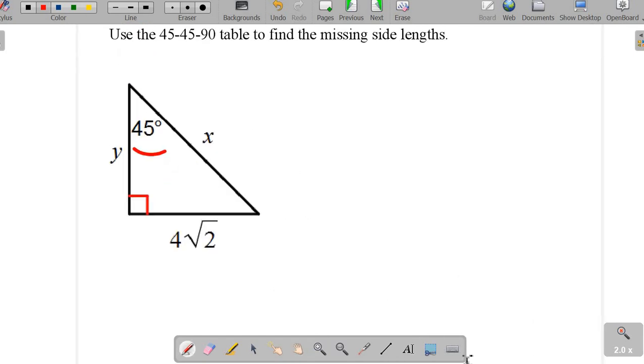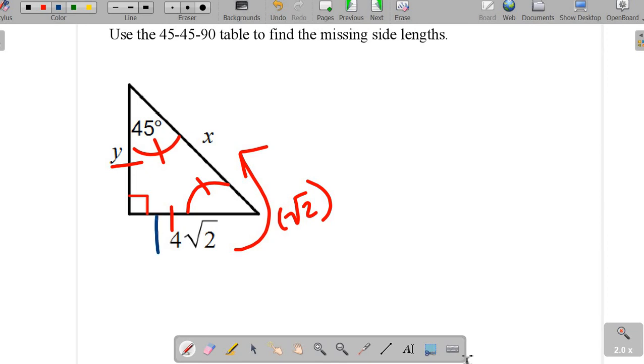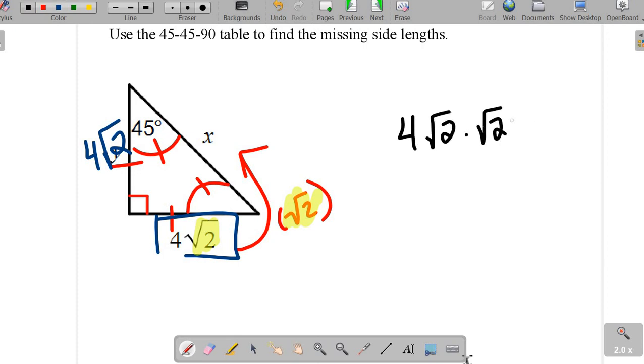45, 45, 90, leg, leg, leg, root 2. So if this is 4 root 2, over here, this is also 4 root 2. And then we go to the hypo, 4 root 2 times root 2 in the margin. 4 root 2 times root 2.